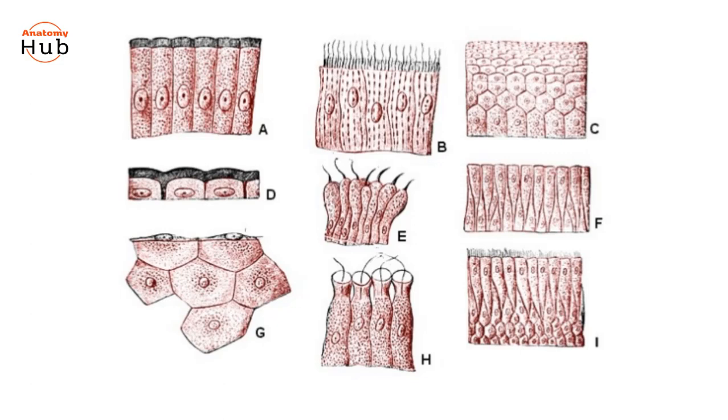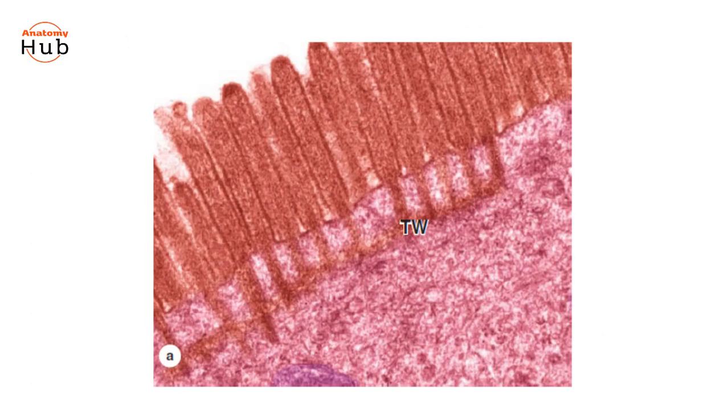Like that, cilia are there. Cilia are long, highly motile apical structures, larger than the microvilli and containing internal arrays of microtubules, not microfilaments.